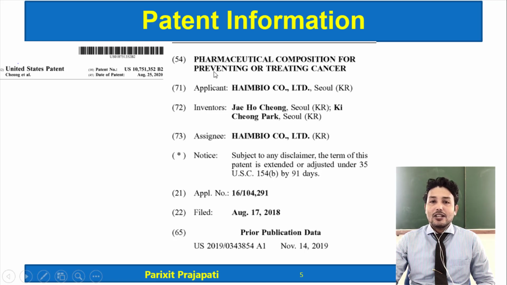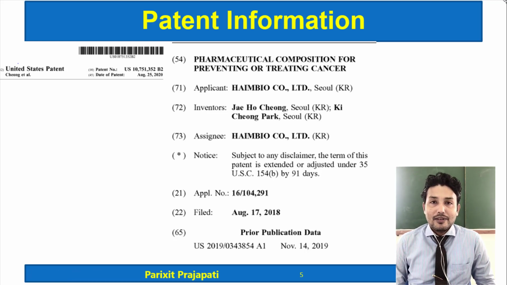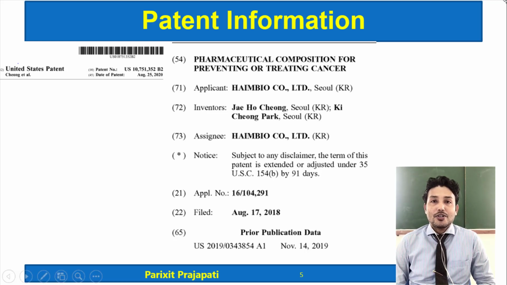So, this is the title. Applicant's name. Inventors, who are the inventors. Assignee of the patent. Then application number, when this patent was filed. Then prior publication date. So, this kind of information is available on the first page.